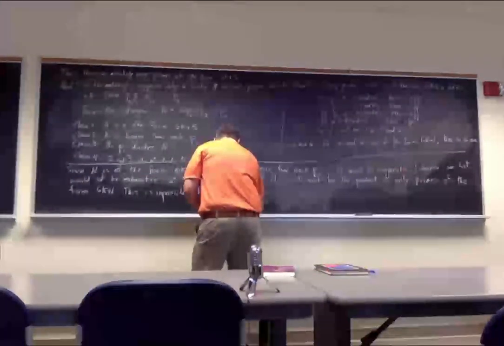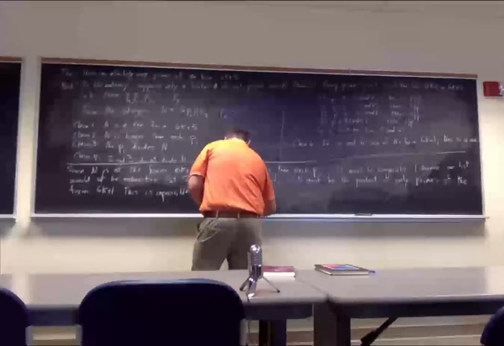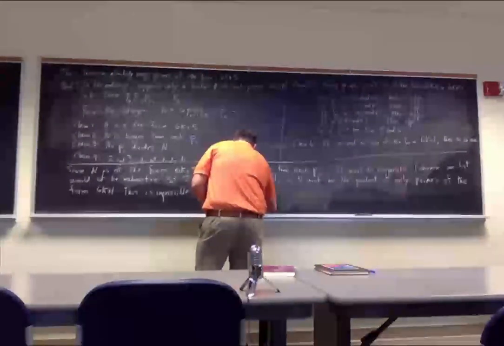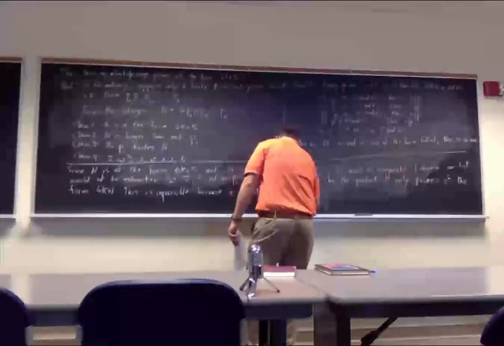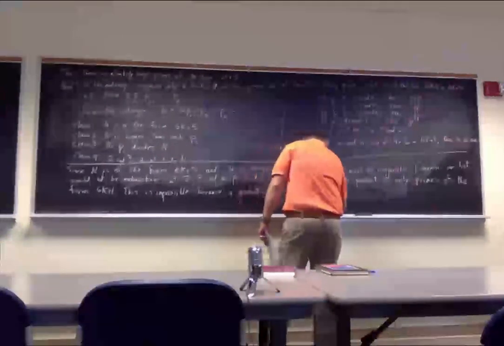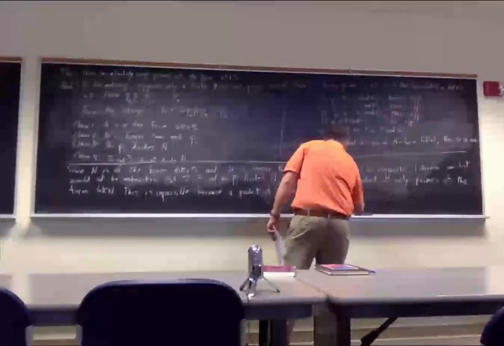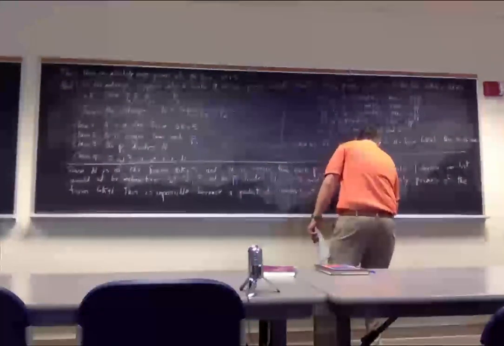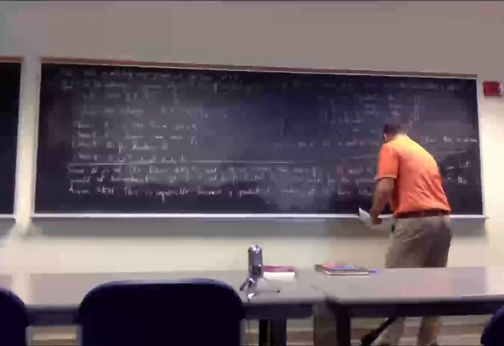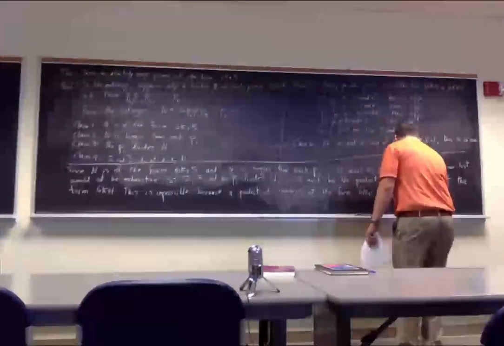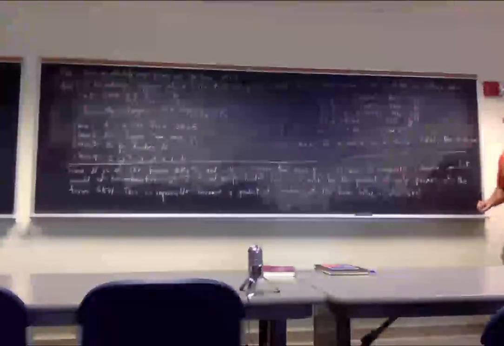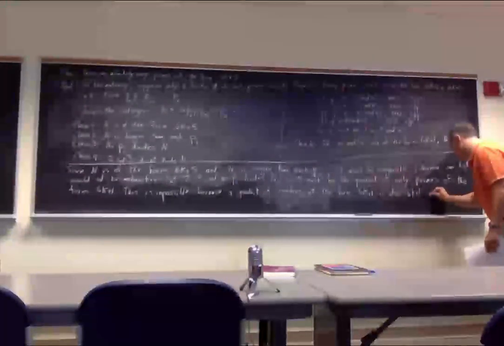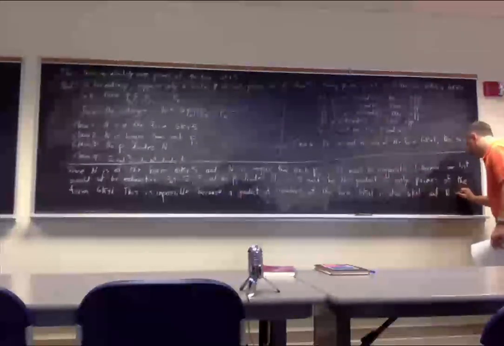Because the product of numbers of the form 6k plus 1 is also 6k plus 1, and n is of the form 6k plus 5.